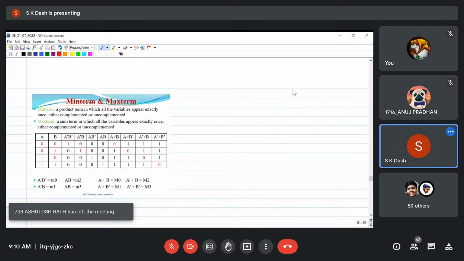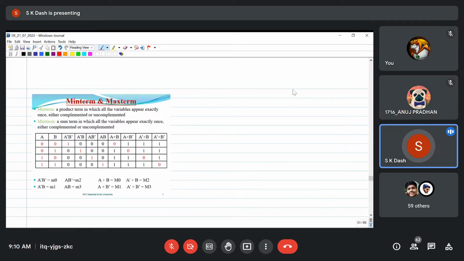We also quickly discussed that day what the utility is. So that same example. Suppose I have to find f equal to a bar b plus b bar c plus a bar c. This function consists of three variables a, b, c. How can I find this f?